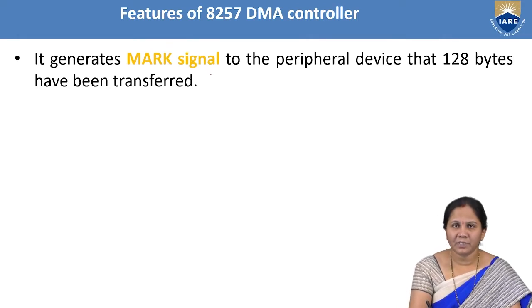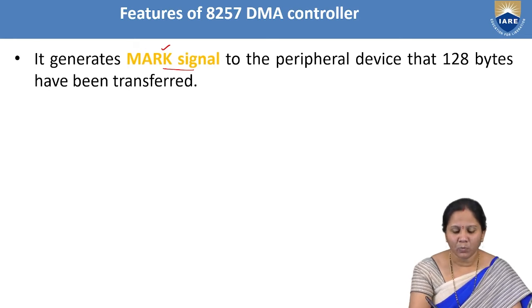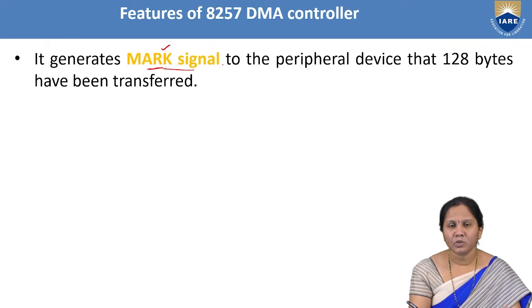The next feature is that it generates the mark signal. What is meant by the mark signal? Mark is one of the pins. This 8257 IC is a 40 pin IC, and among those 40 pins, we have the mark pin. The mark pin is an output signal.